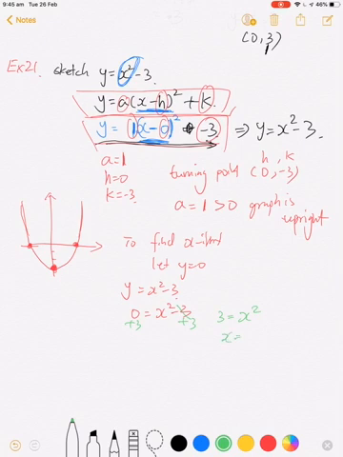So x will be equal to positive and negative square root of 3, okay? So that tells me we have an x-intercept at square root 3 and another x-intercept at negative square root 3. So then this will be negative square root 3, and this will be my positive square root 3. And your turning point, as we identified, will be (0, -3), okay?